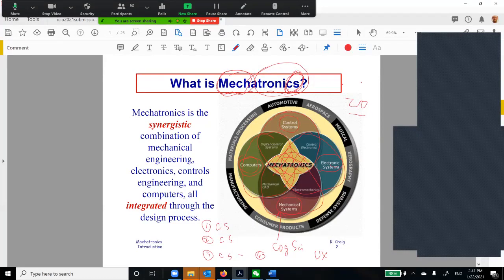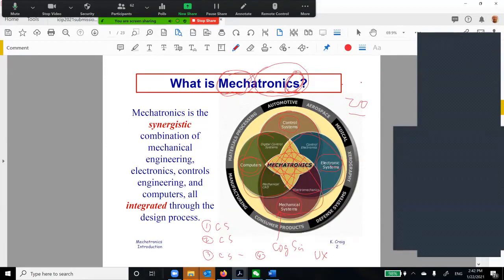So in the future, I hope when you see mechatronics, you will have a much broader view of mechatronics. In the end, anything you create, customer satisfaction. Thank you, Ravind. In the end, you are going to create a mechatronic system to serve people, right?